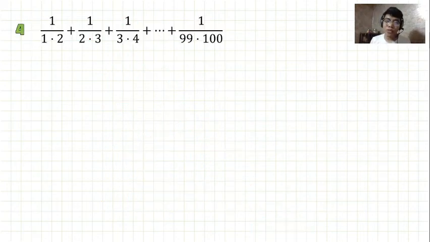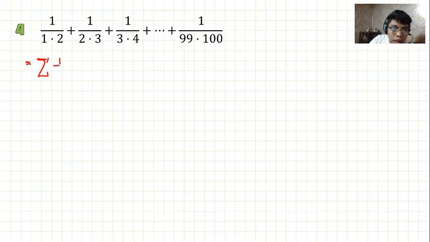Okay, so for number 4, we have here 1 over 1 times 2 plus 1 over 2 times 3 and so on until 1 over 99 times 100. So for us to apply the properties of sigma notation, we need to rewrite this in sigma notation form. This is just equal to the summation of, 1 is constant, so you have 1 over.